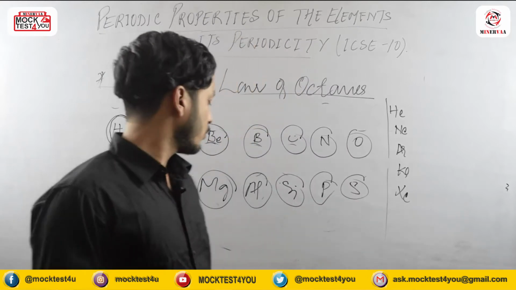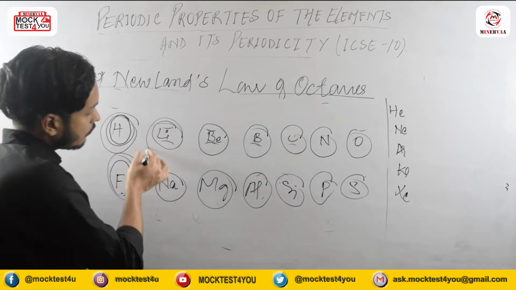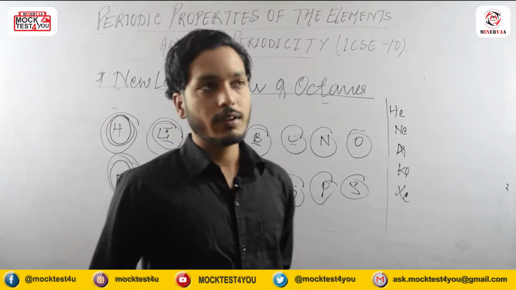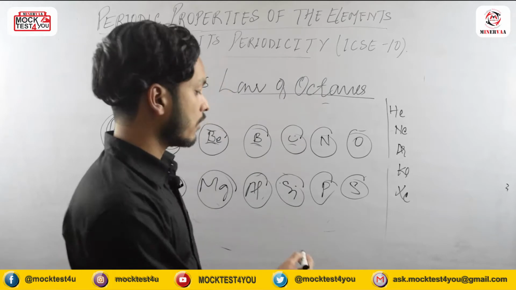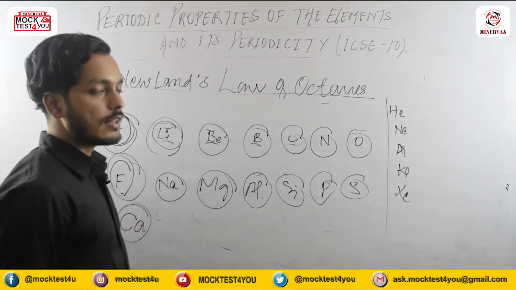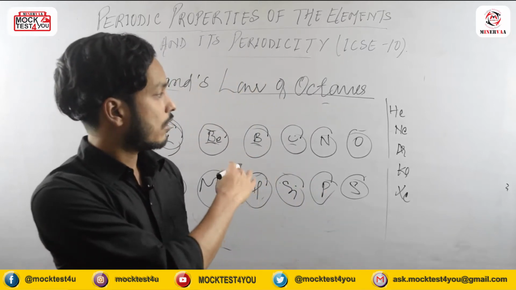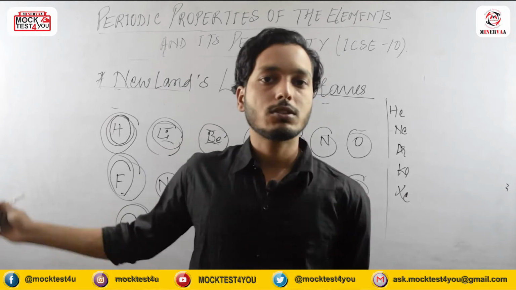But here you can see that Newland's law of octaves has also failed. Why did it fail? Because it was applicable only up to calcium. Beyond calcium, when we place elements in this way, the properties were not matching.